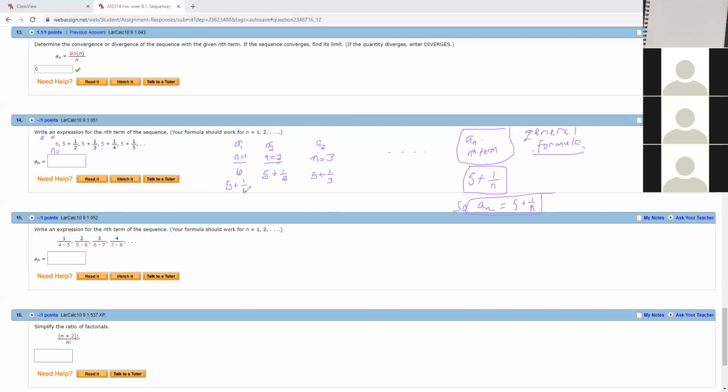And what's 1 over 1? 1 plus 5 is what? 6. So that does give us the first term. Yeah. So the 6, we'd have to realize that could be broken down into 5 plus, just like the rest of them, but plus 1 over 1, and so forth. So I hope that makes sense.